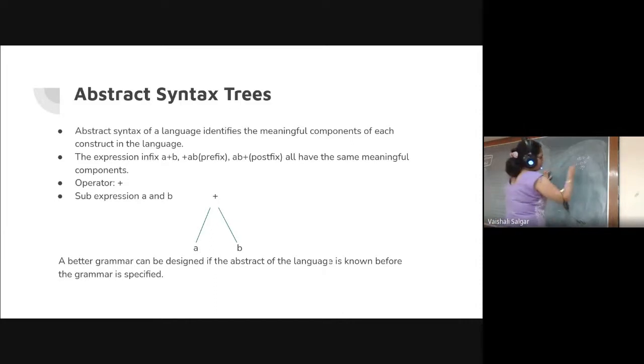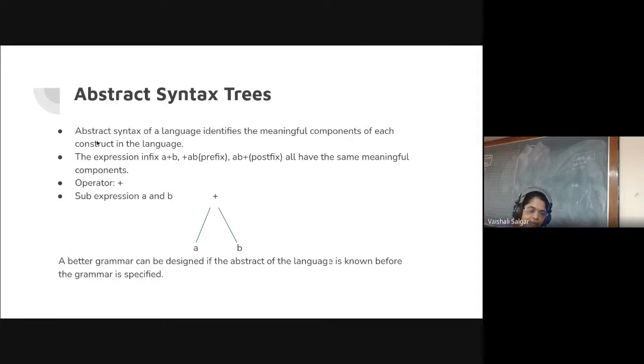Now how it will represent this particular equation is, my sub expressions are represented as the nodes or the terminals. So it will be represented as A plus B. This is the abstract syntax tree representation of any given language.